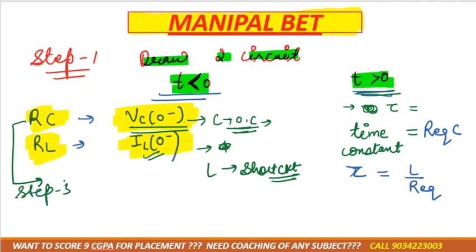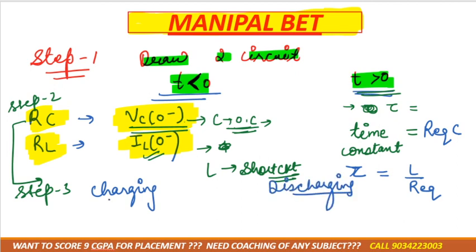Now again one more next step, step number 3 or 2: we will have two cases, one for charging, right, and another for discharging. We have to see whether it's charging or discharging.